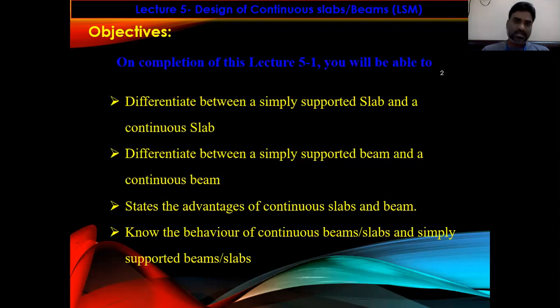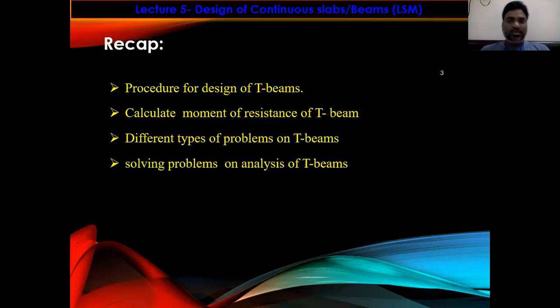Before starting today's lecture, I would like to recap what we discussed in the last class. We discussed what is meant by T-beams, how to design T-beams, how to calculate the moment of resistance of T-beams, and how it differs from the calculation for a singly reinforced section.